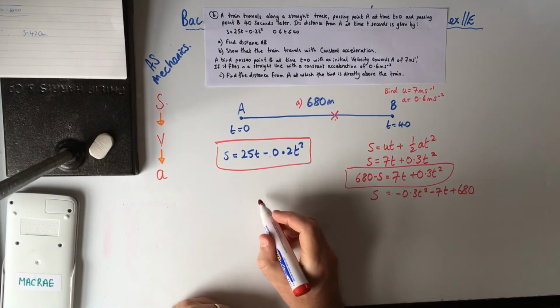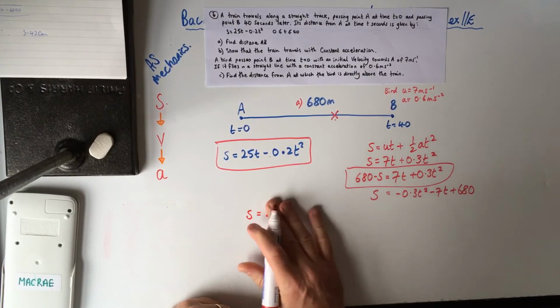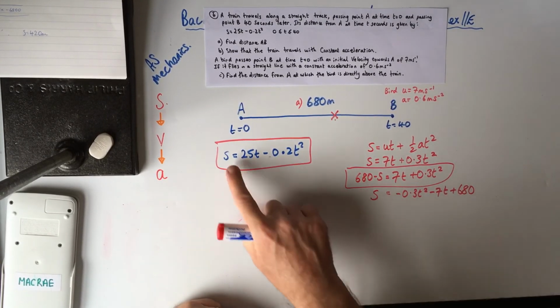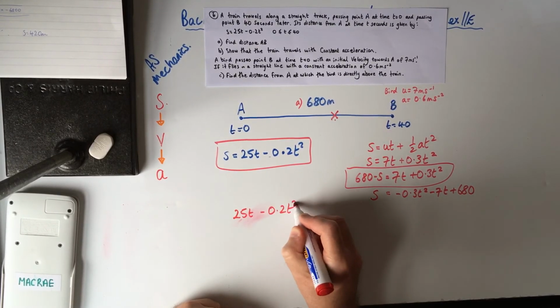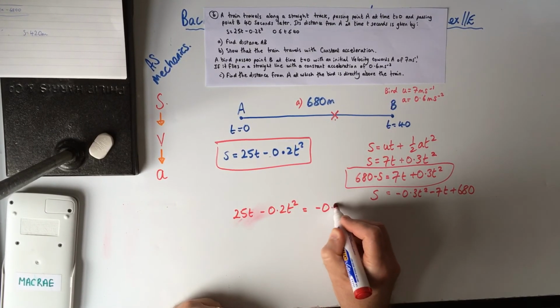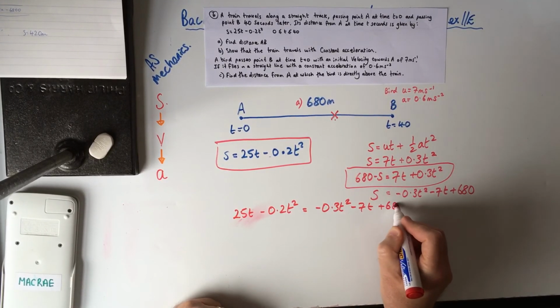So now it's putting these two equal: 25t minus 0.2t squared is equal to minus 0.3t squared minus 7t plus 680.